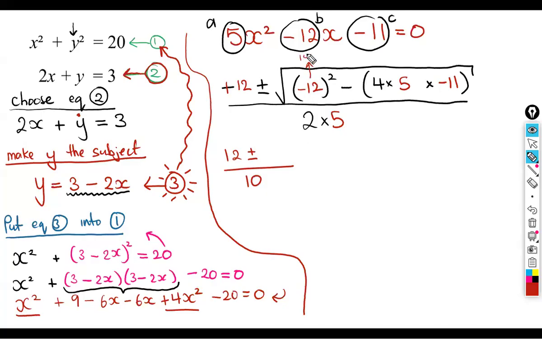Minus 12 squared is positive 144, when you square anything in the world. And inside the brackets, 4 by 5 by 11, and it's minus 11, so it's minus 220. Two minus signs will touch. And underneath the square root sign, when you work out everything here, anybody get 364?